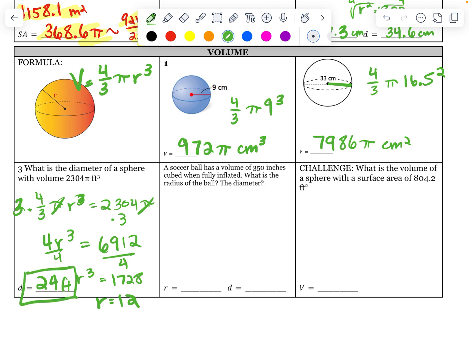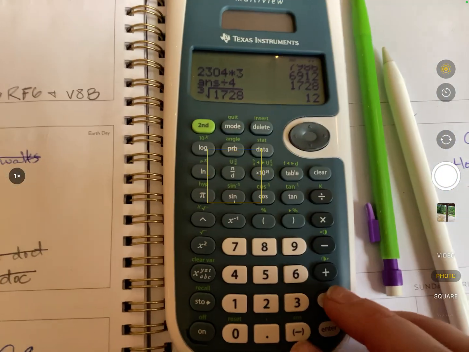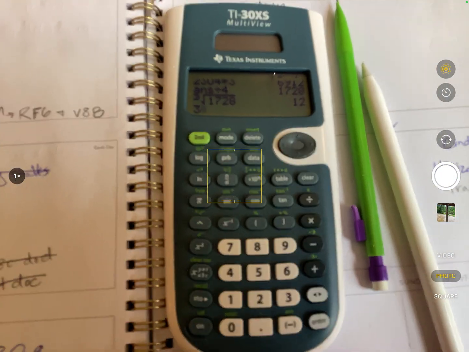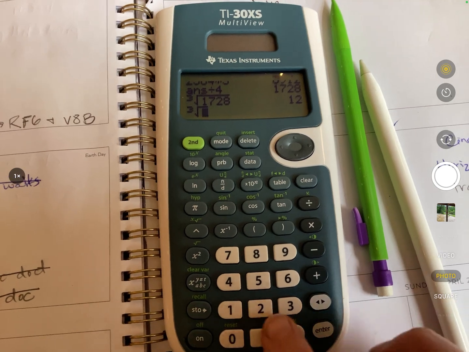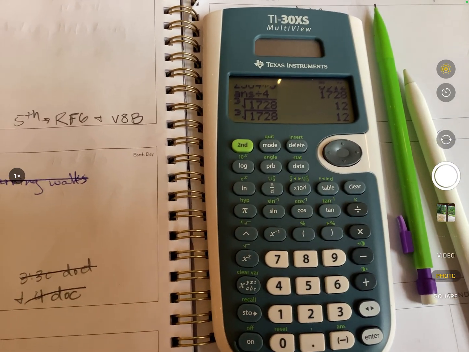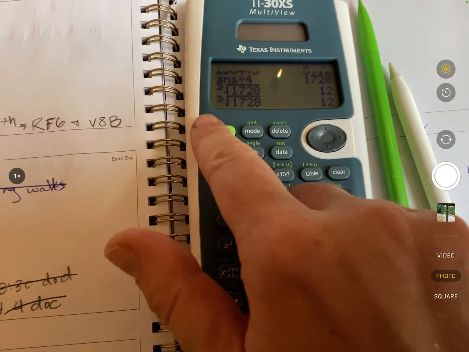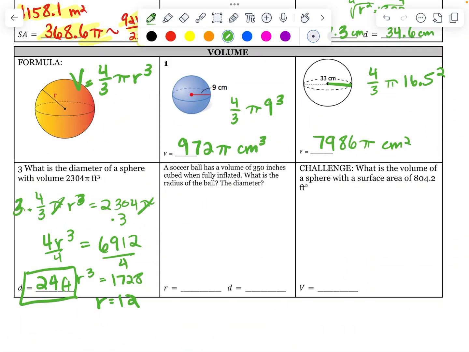Cube root. Let me show you. You have to put in the 3 first. Second, that one with a little x. And then I did 1728, 12. The 3 will be in front, all right, to show that it's doing a cube root, not a square root.